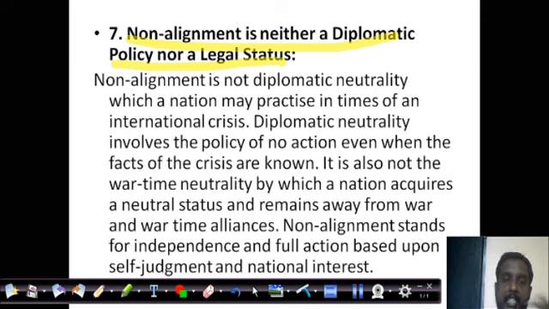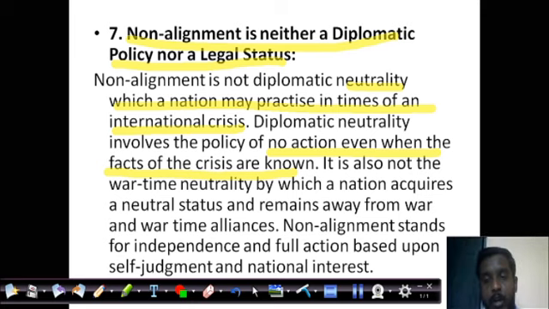So that's why we can say that non-alignment is not a diplomatic neutrality which a nation may practice in the time of an international crisis. Diplomatic neutrality involves a policy of no nation even when the facts of the crisis are known. It is also not the wartime neutrality by which a nation acquires a neutral status and remains away from war and wartime alliances.